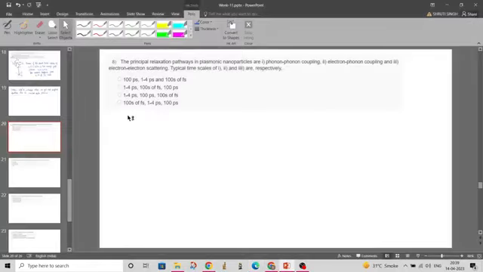The first question is, the principal relaxation pathways in plasmonic nanoparticles are phonon-phonon coupling, electron-phonon coupling, and electron-electron coupling. The typical time scales of them are, respectively, what?